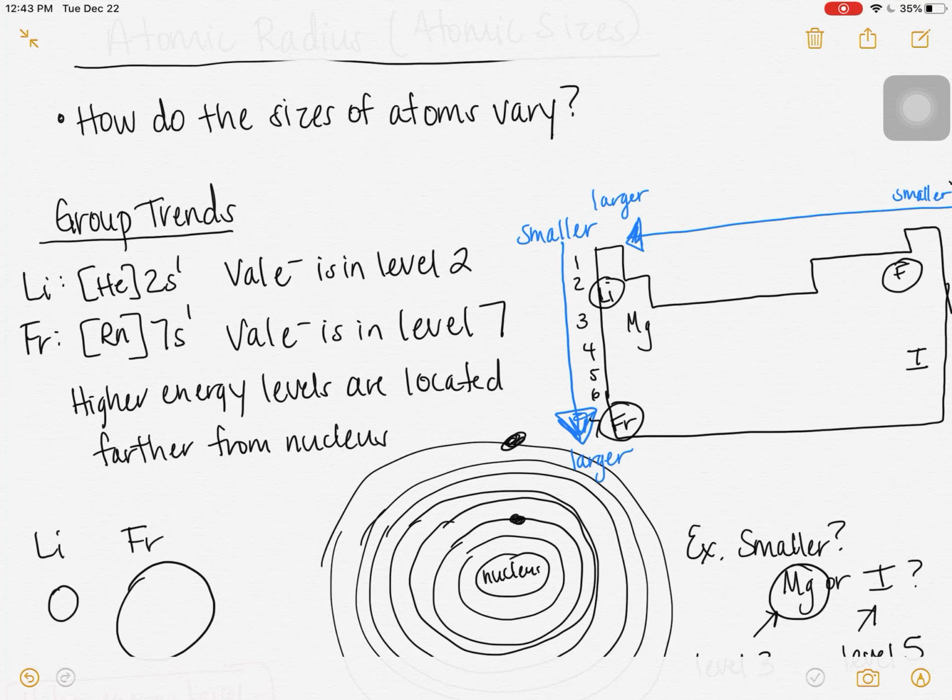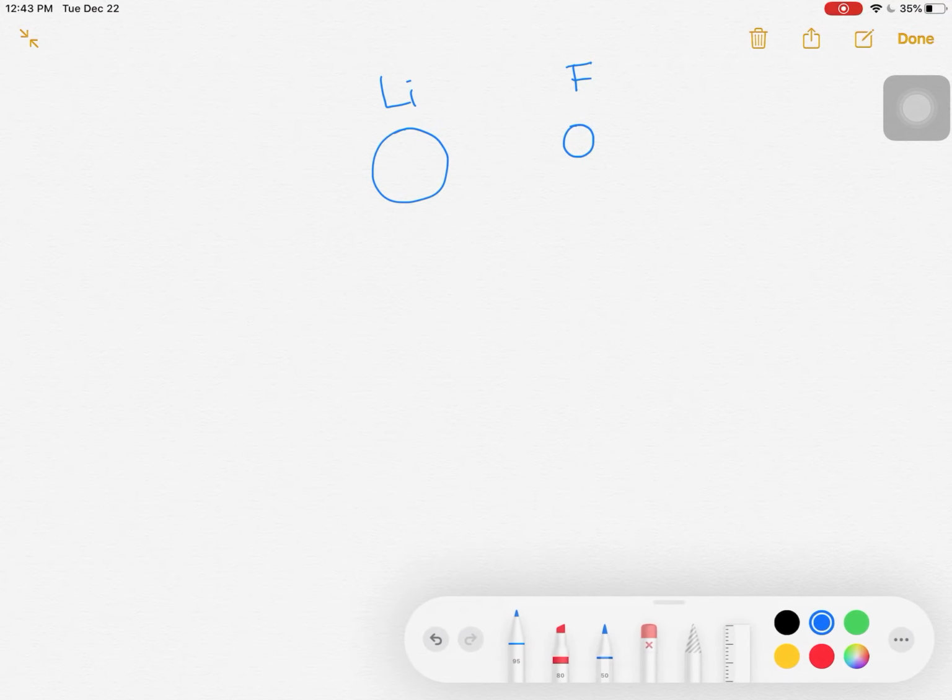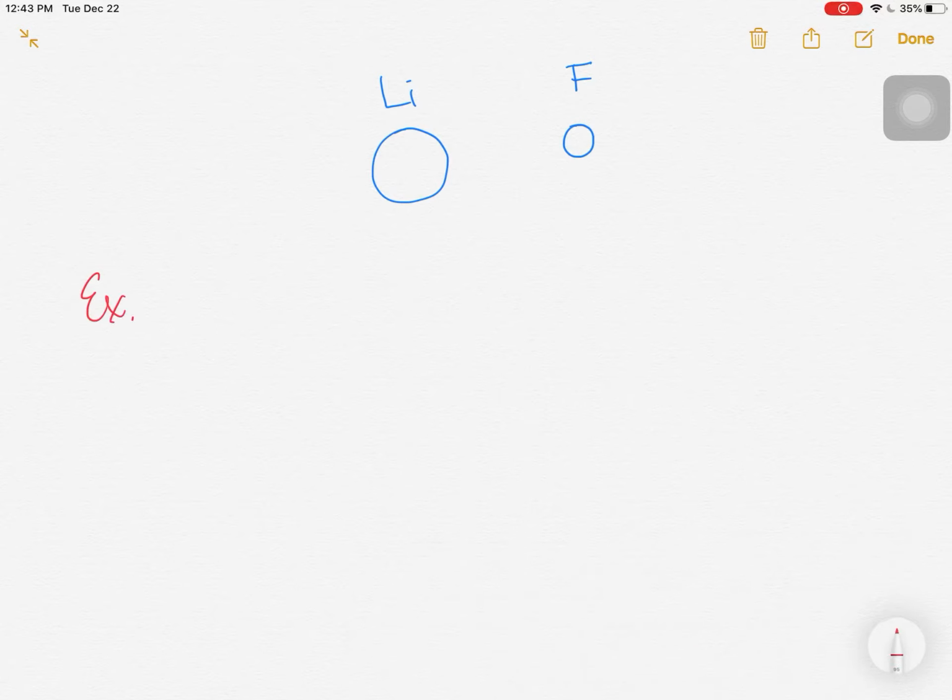Now this is hard. Don't get me wrong. This is tough. Let me do another example as one more practice. All right, so let's say we had, let's see, beryllium and carbon, and I want to know, who's larger in size?